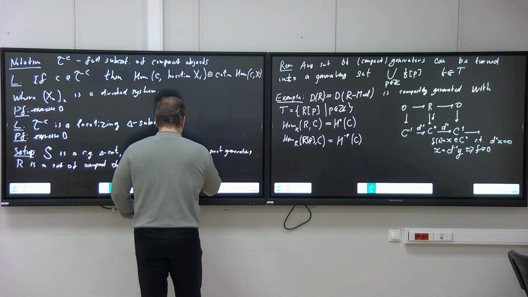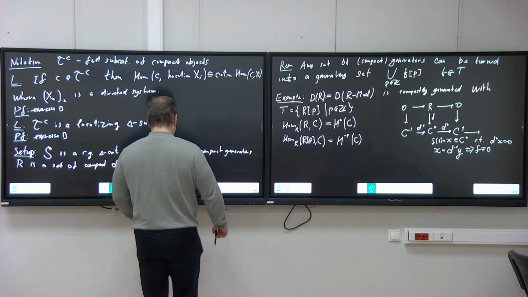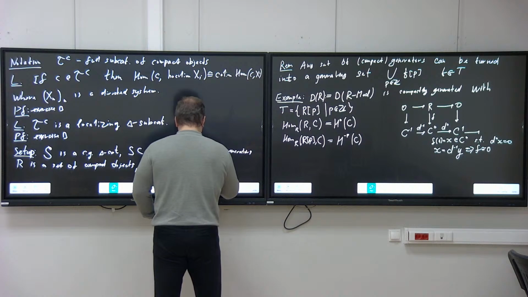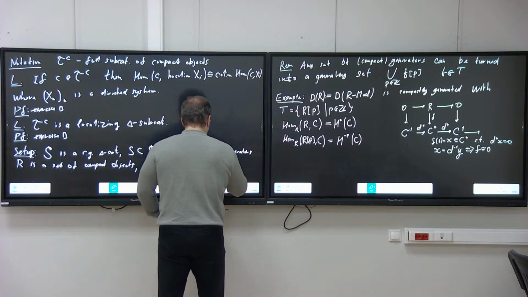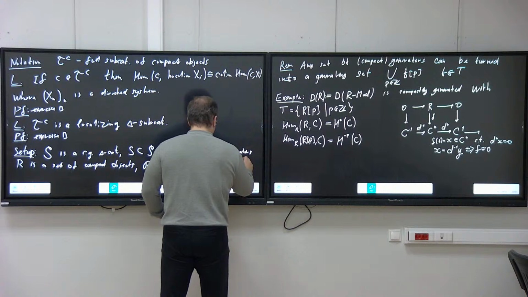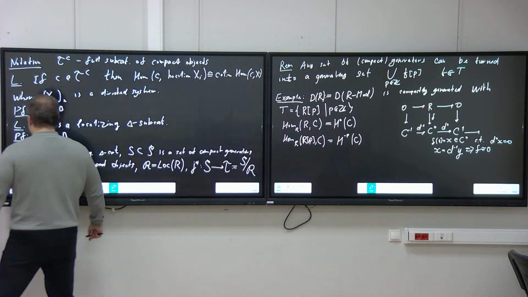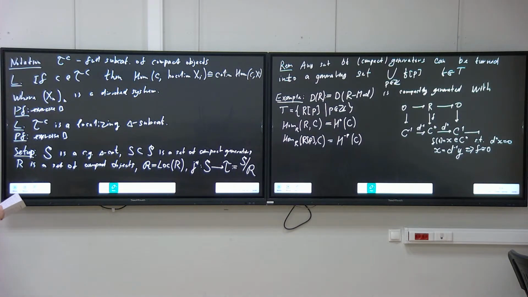So I'm going to call this J with the upper star. Okay, notation coming from algebraic geometry. So this is from the category S to the category T, which is by definition the quotient of the S by the subcategory R. So this is the setup I want to use for some time.